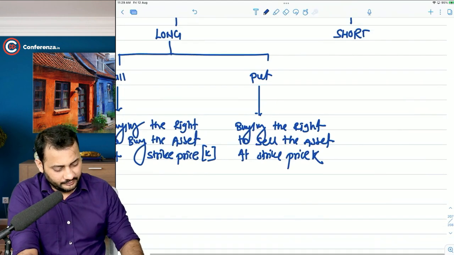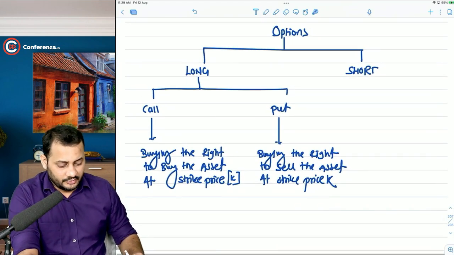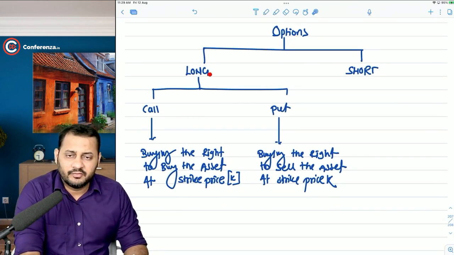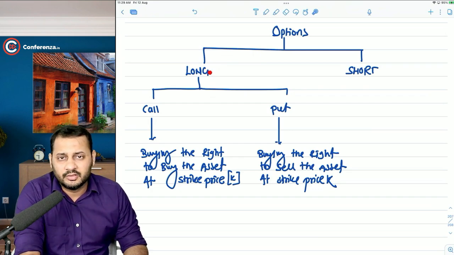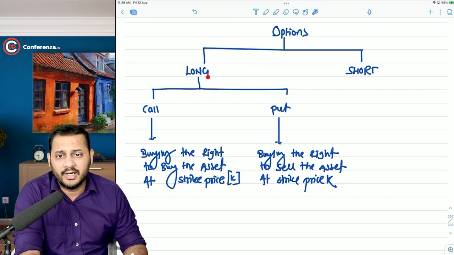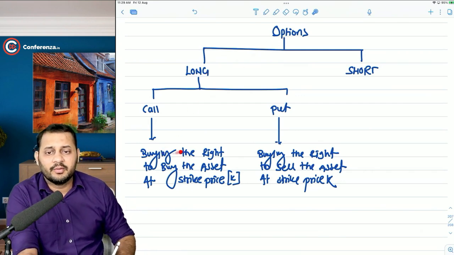Okay, simple. It's very apparent from the first step itself that if you are buying the option, if you are going long on the option, that means you are buying the right.